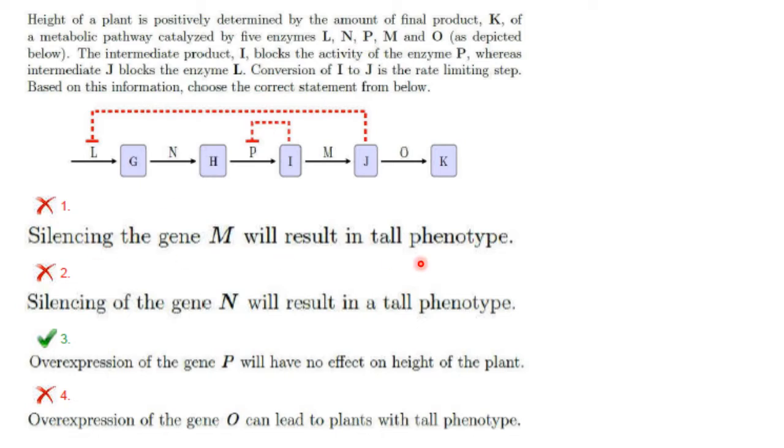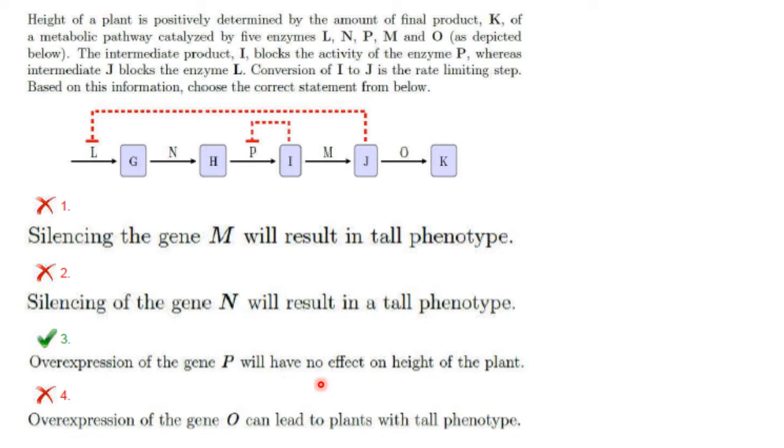Silencing the gene M will result in tall phenotype. No. K will not be produced on silencing the M. Then silencing of the N gene will result in tall phenotype. No, it will not produce H, I, J, K products. Will not be produced. So that is also wrong.